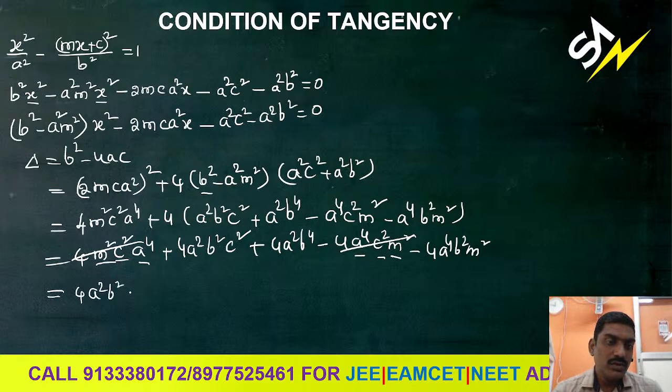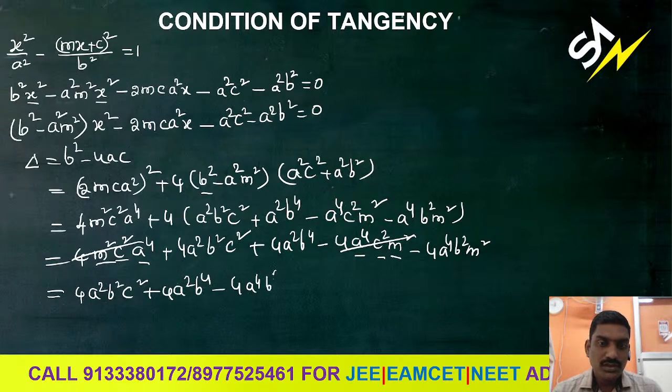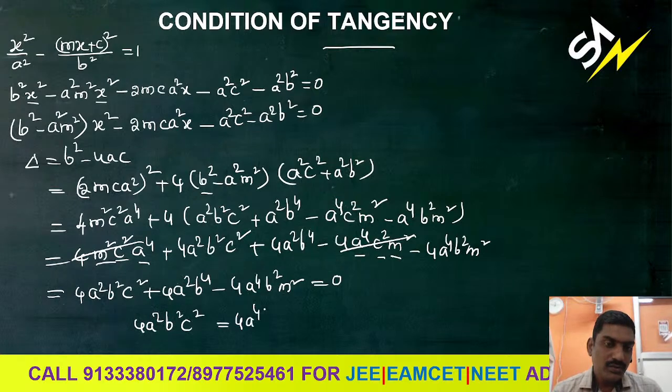4a square b square c square, plus 4a square b power 4 minus 4a power 4 b square m square. We need the condition for tangency, so let it be 0. We require c value, so 4a square b square c square is equal to 4a power 4 b square m square minus 4a square b power 4.